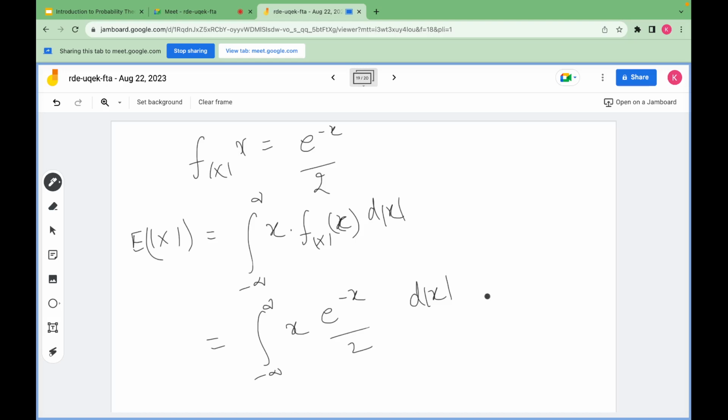So now when you solve it, when you open this for x greater than 0, this d mod x will be dx, and when x is less than 0, this d mod x will be minus dx.